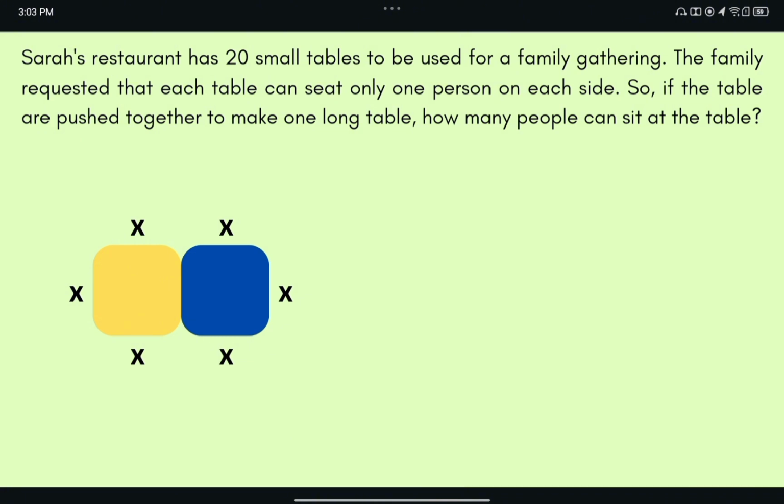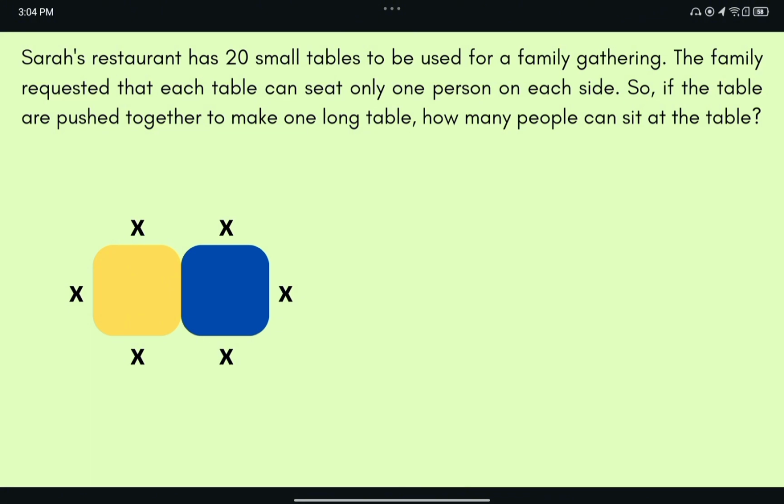So ayan. So meron tayong 2 table. So yung 2 table pinagtabi, making 1 long table. Kung mapapansin nyo, we put X on each side of the table na nagre-representa ng mga taong nakaupo doon. So we should take note at the problem na nagsasabing only one person could sit on each side of the table.